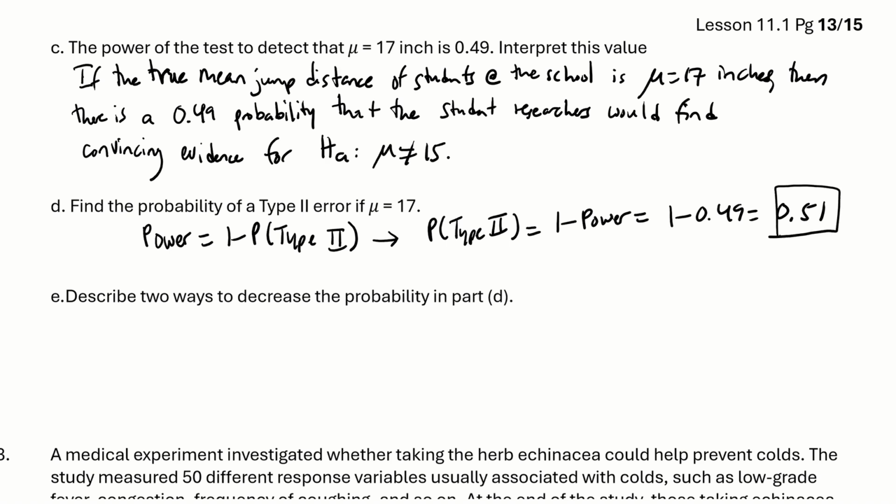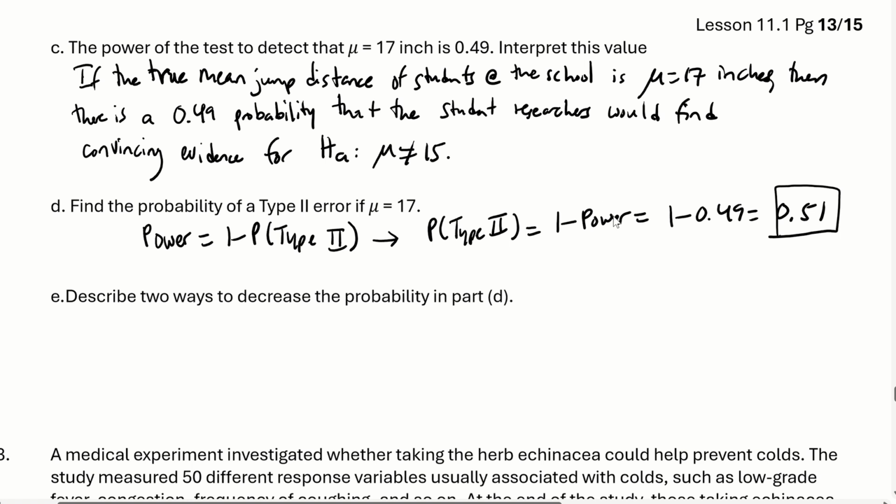Right? So describe 2 ways to decrease the probability in part D. If I want to decrease type 2 error, based on this equation, I need to increase the power.